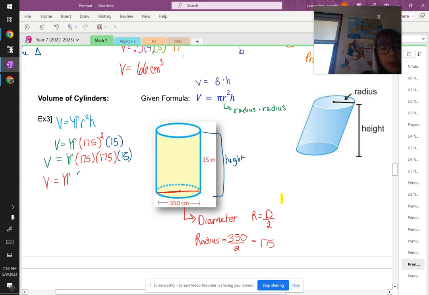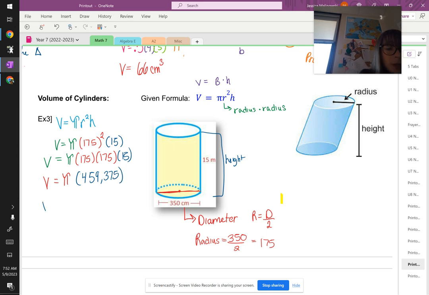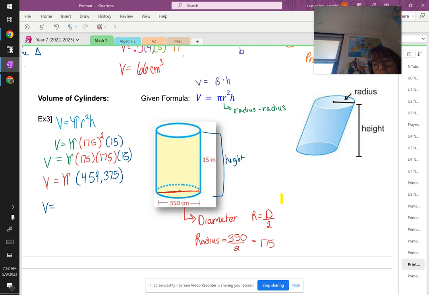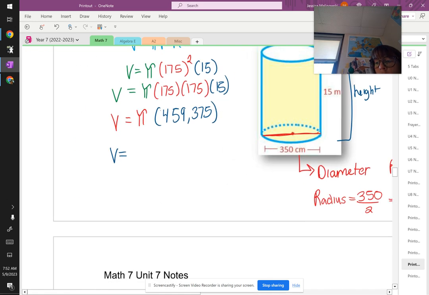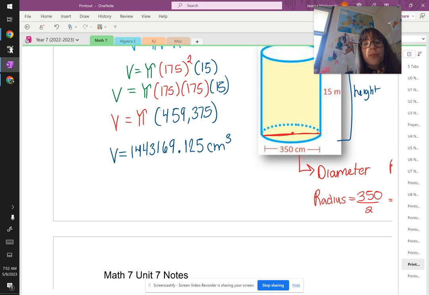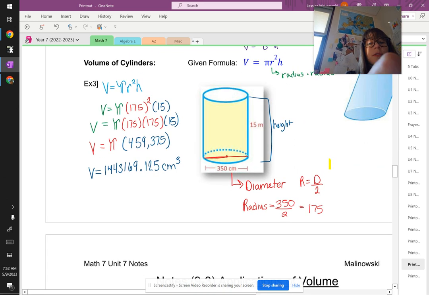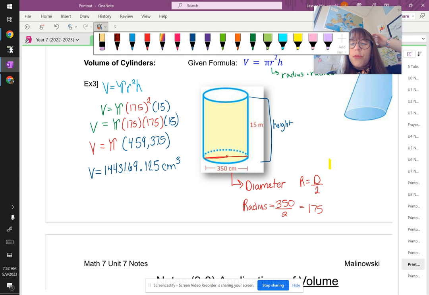So the 175 times the 175 times the 15 gives you that, showing me that in-between step before you then punch the pi in the calculator to get 1443169.125 centimeters cubed. And again, you will just have to read the directions on what to round to.